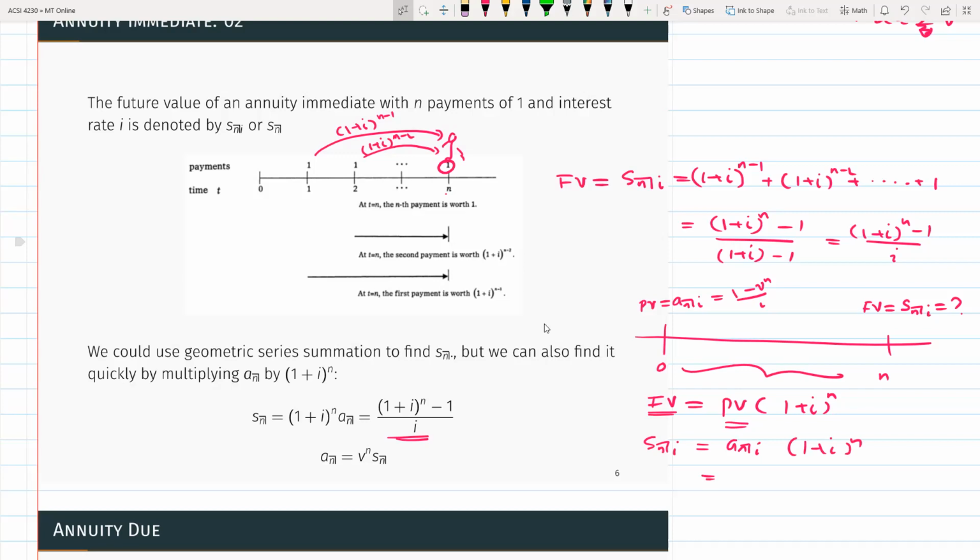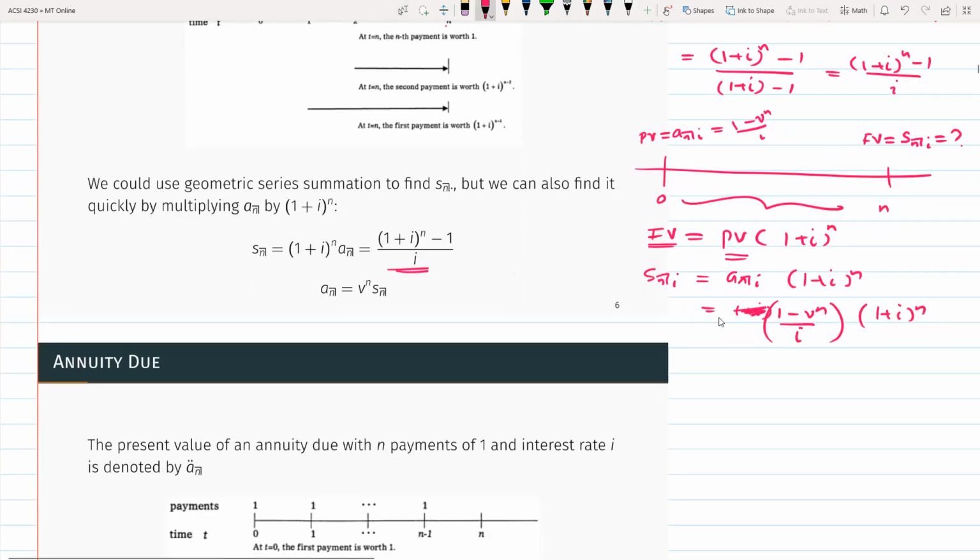Then I can substitute that formula we derived earlier: (1 - v^n) over i times (1 + i)^n. When I multiply this, I would get what? 1 times this, v^n times this, so (1 + i)^n minus v^n times (1 + i)^n, over i. Now v times (1 + i), what is v? v is 1 over (1 + i).